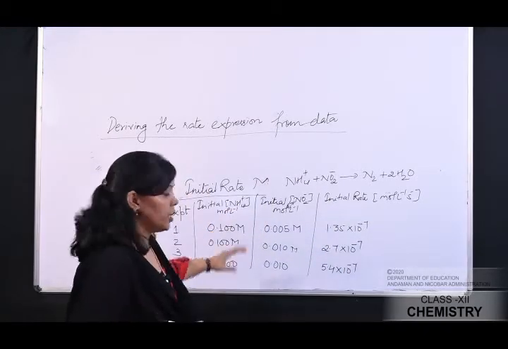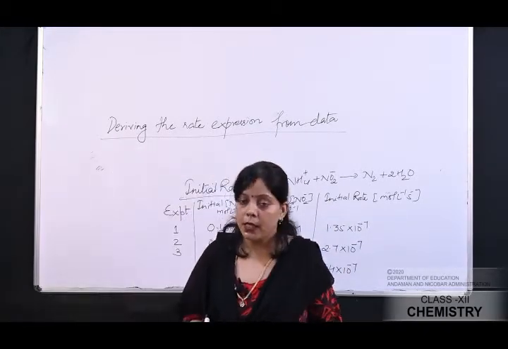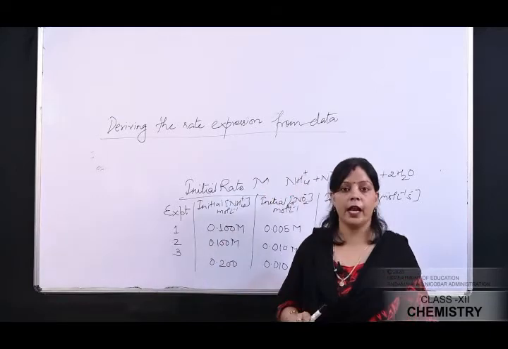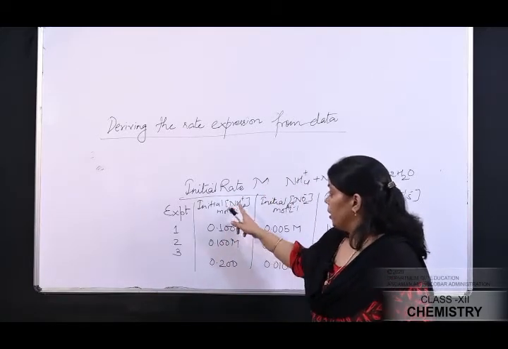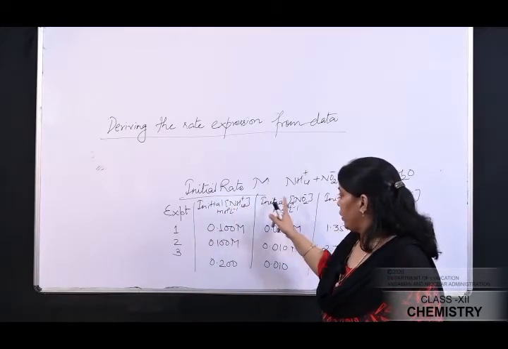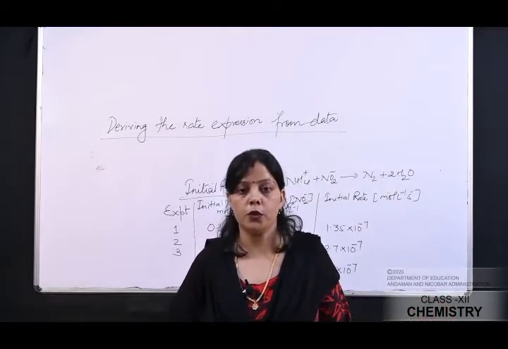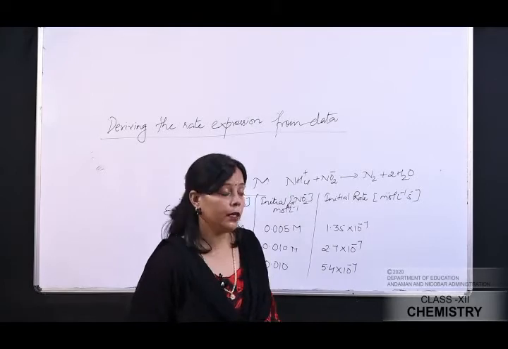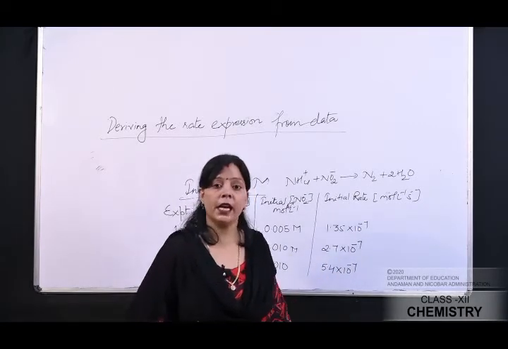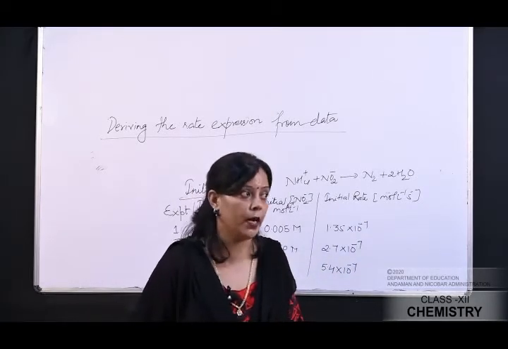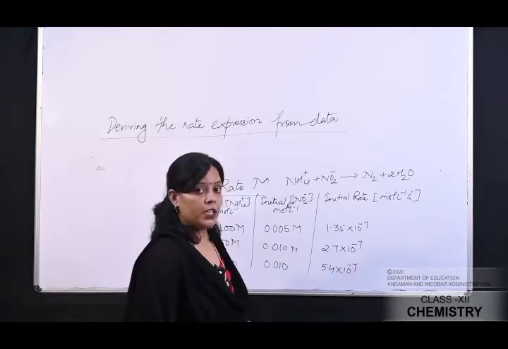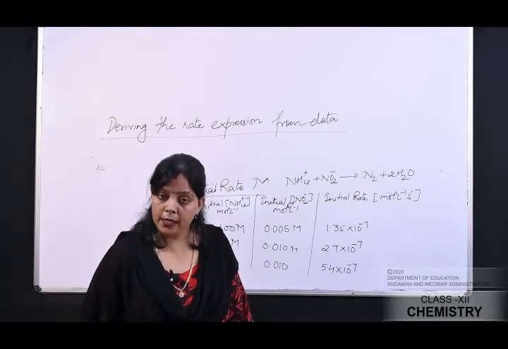This is the table showing the kinetic data for the 3 experiments carried out, in which the initial concentrations of the 2 reactants are given, and correspondingly the initial rate is also determined. With the help of this kinetic data, we are able to determine the values of exponents x and y.